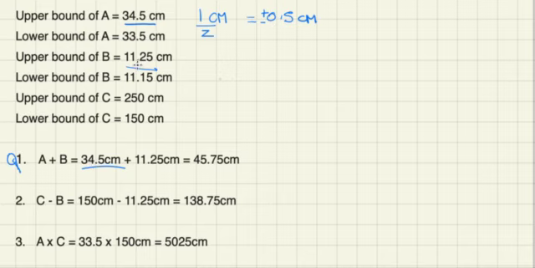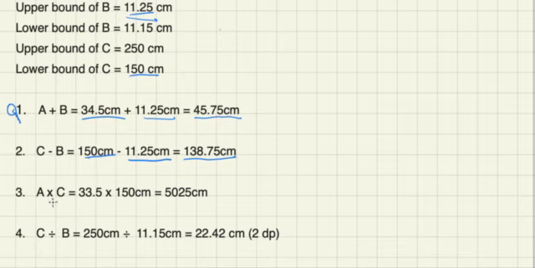Then we get the upper bound for B, which is this value here. And it's easy, you just add the two together and this is what you get. With C, C was the lower bound for C, which is 150, minus B, the lower bound for B, and this is what you obtain.